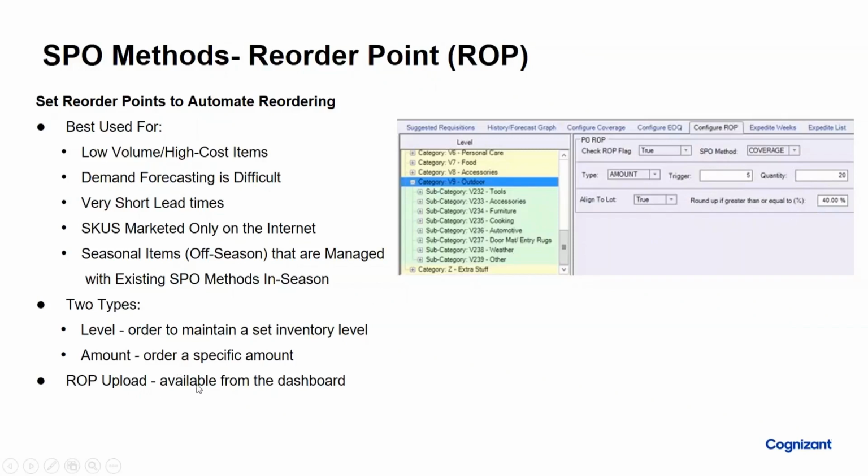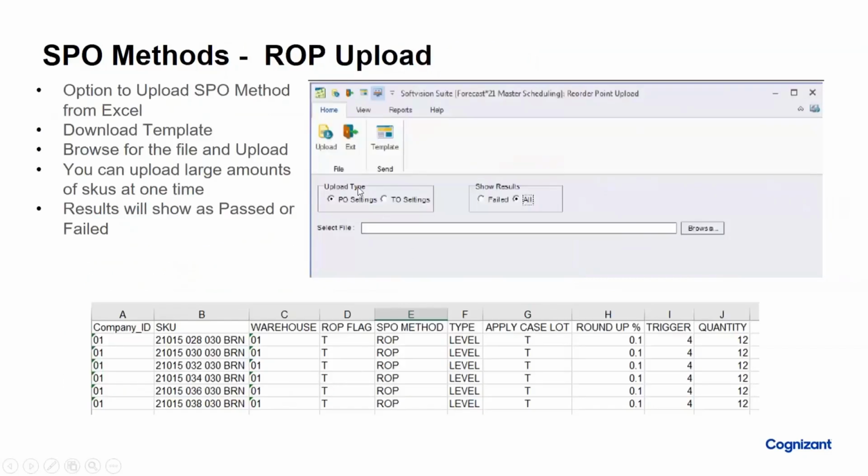One of the other options with ROP is the ability to upload directly through the dashboard. If you have lots of products that you want to set an ROP method to, you simply open up the upload screen. You download the template, which is an Excel spreadsheet, fill in all of the values that we require, then browse to find the file you've filled in and click upload.